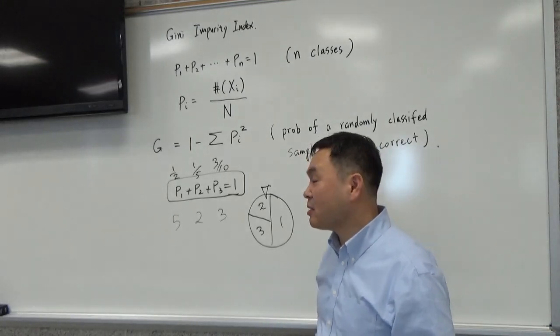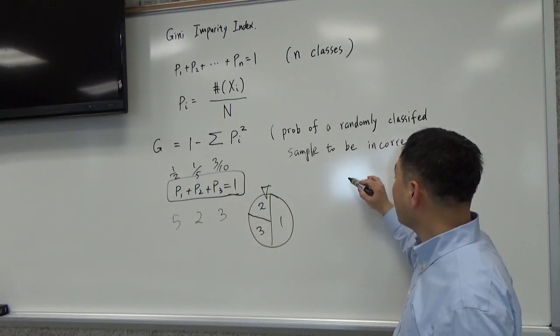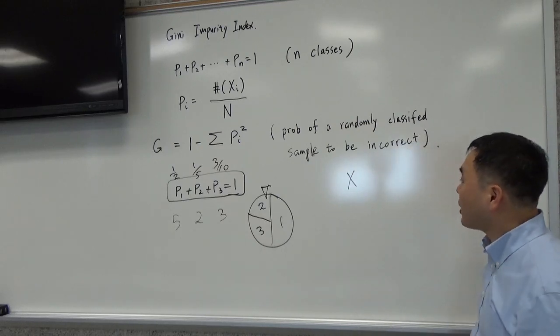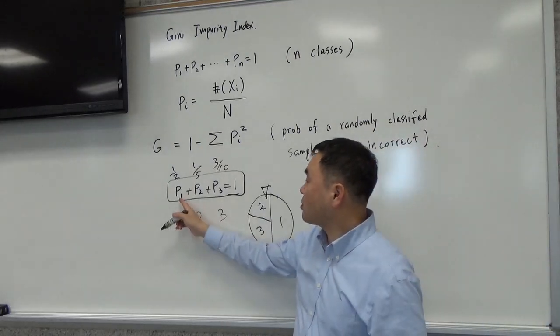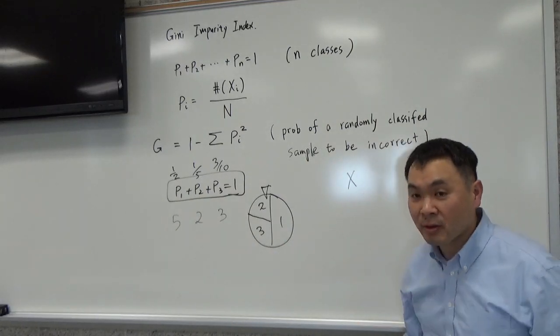How can you calculate it? Well, let's say x is the random variable that tells you which class it is. So x could be 1 or 2 or 3.